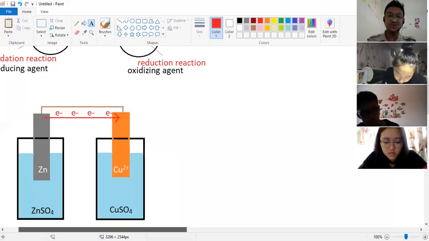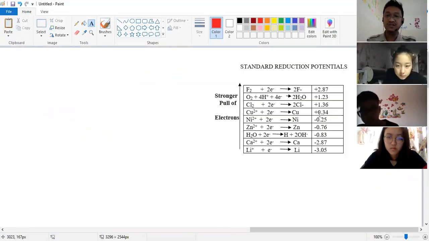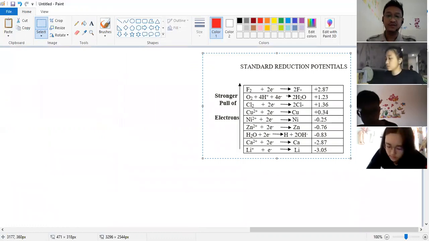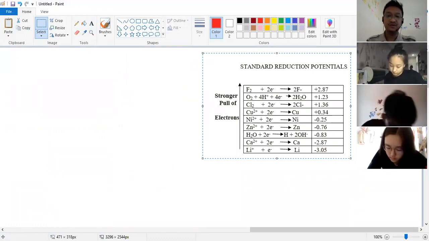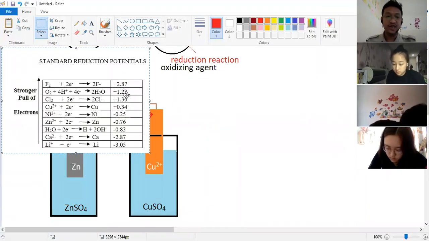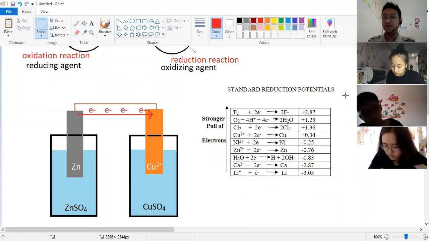Let me introduce this thing. I'll copy this there. We call this the standard reduction potentials.